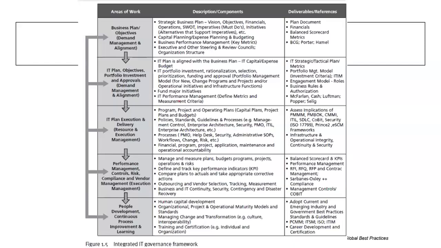But it also shows you some of the deliverables and references on the right column. Please look at it. Let me know if you have any question. Like for IT plan objectives, they are under demand management. The IT plan should be aligned with the business plan, as I mentioned before.